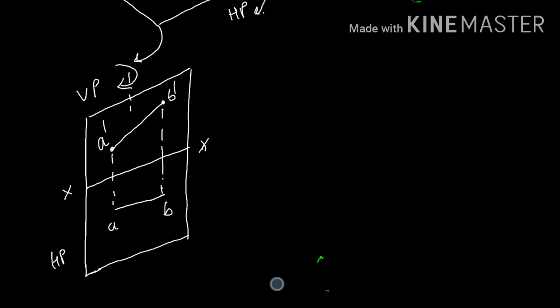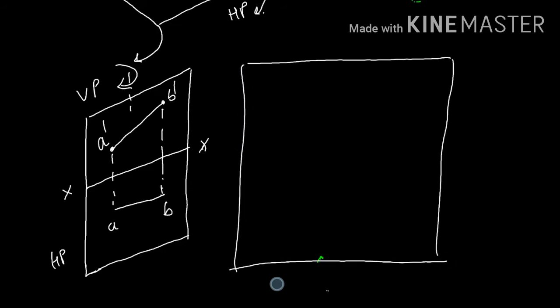If you rotate this, you will get your drawing sheet. Mark a line on your drawing sheet, XX, which is the intersection line. This dimension would be given, this length would be given. Starting from here is my A dash. Whatever the angle with HP is, mark that theta angle in VP.